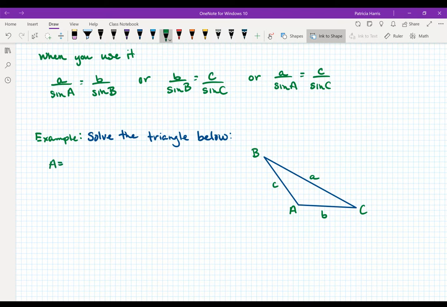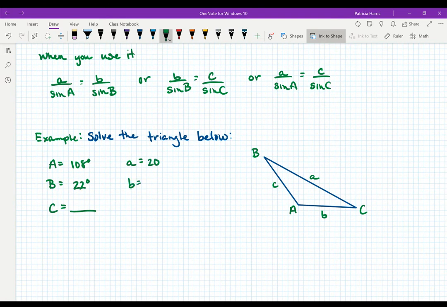All right, here we go. Let's say angle A is 108 degrees. Angle B is 22 degrees. We don't know angle C. We know that side A is 20.